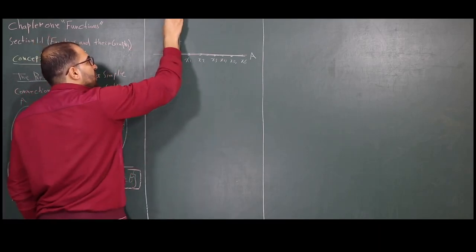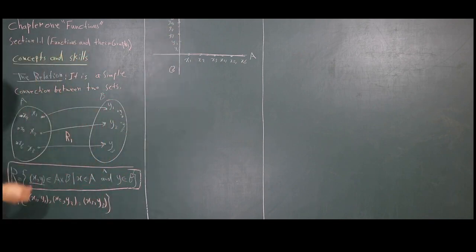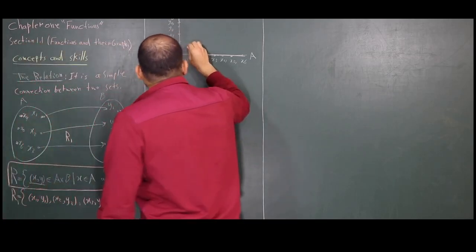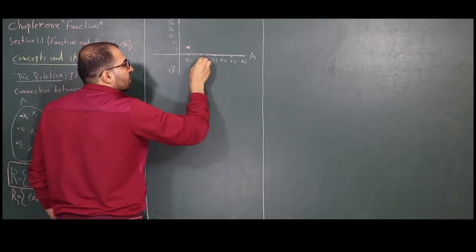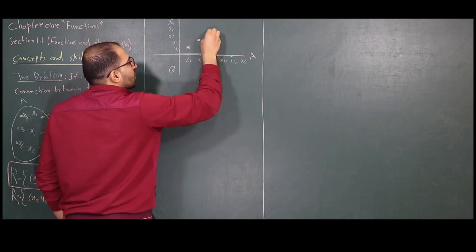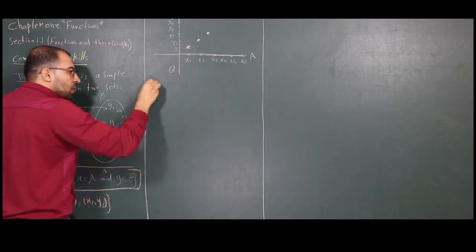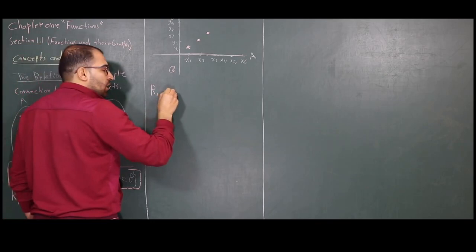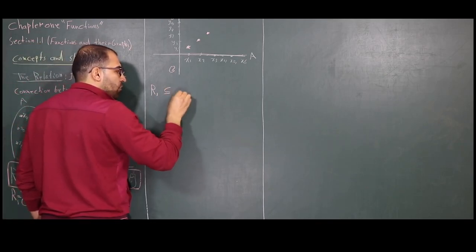This is the set B. The elements of the relation R1 will be ordered pairs: x1 with y1, this is the first element, x2 with y2, and x3 with y3. See? So R1, which is the relation, is a subset of the plane.